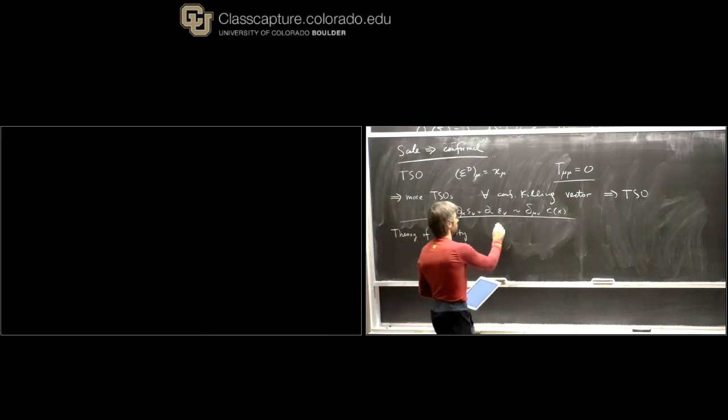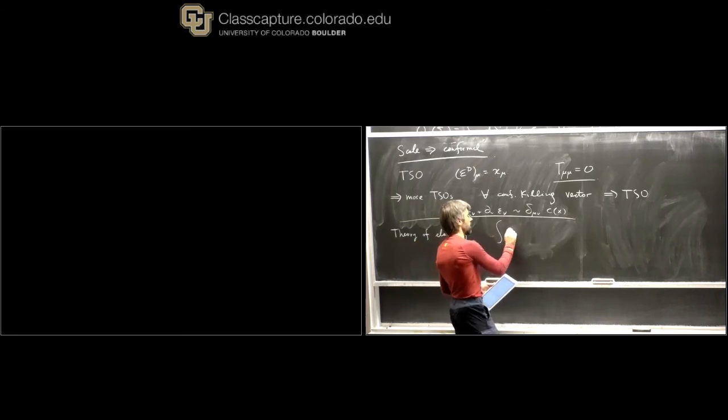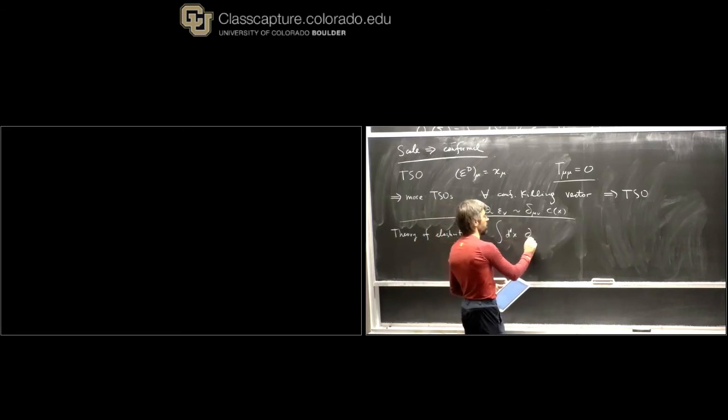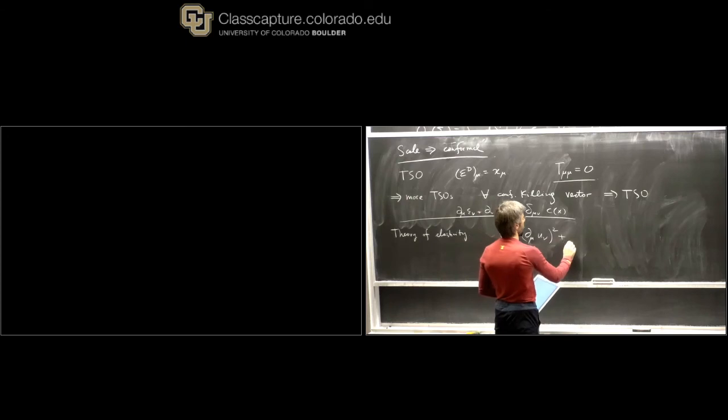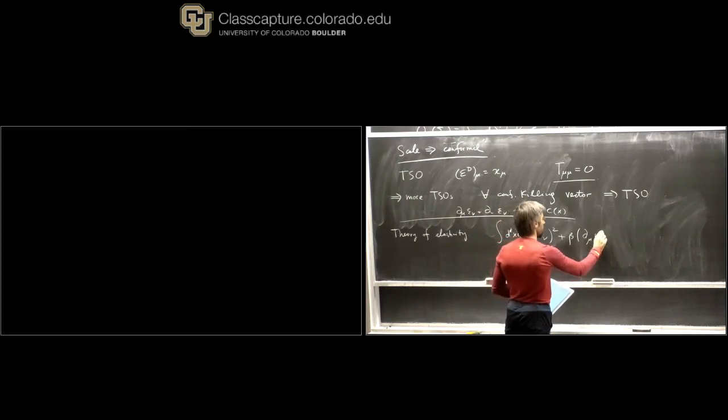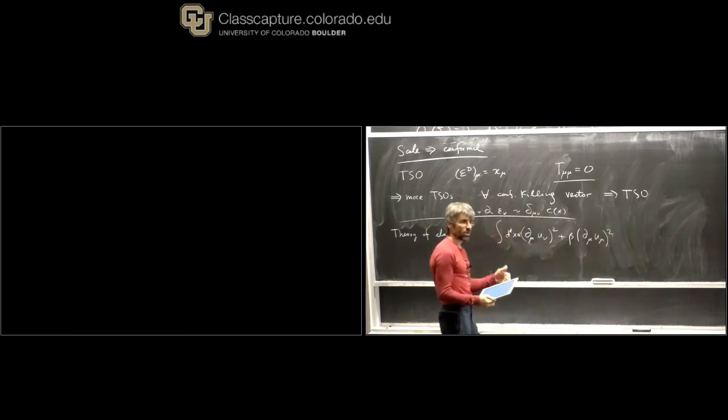So it's a Gaussian theory defined by the following action. It's just a vector field. And I have two coupling constants, alpha and beta, which are related to elasticity moduli.